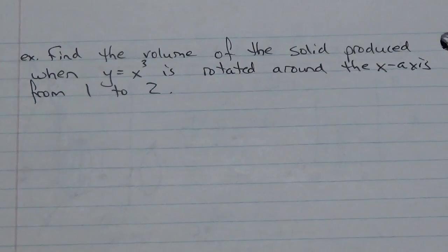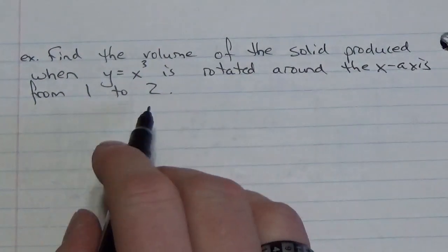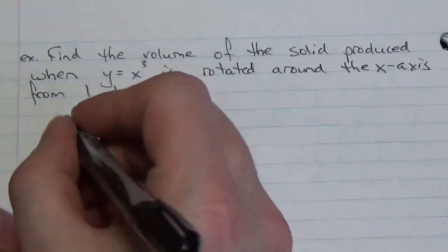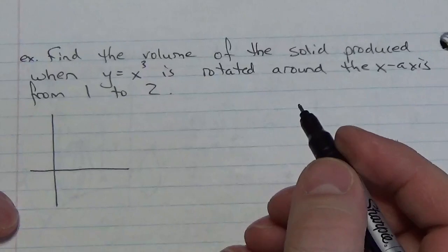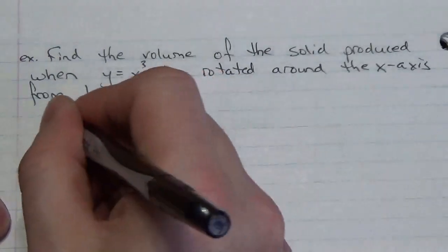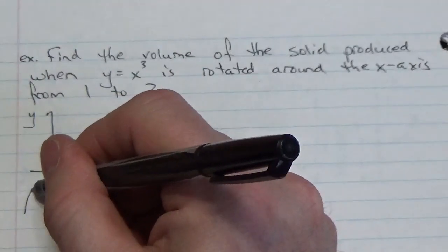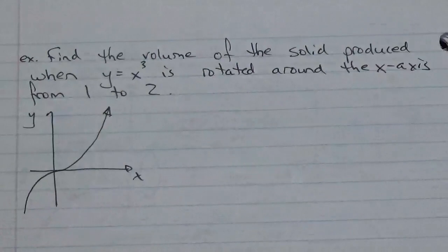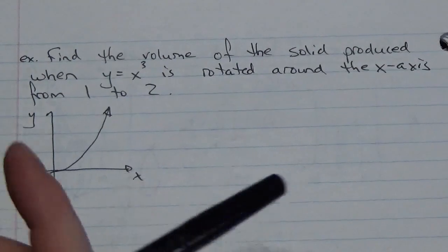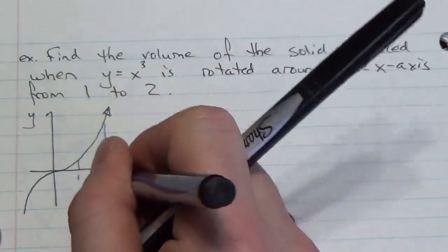Find the volume of the solid produced when y equals x cubed is rotated around the x-axis from 1 to 2. And again, it's probably helpful for us to have a look at what this is going to look like. So here's our x-axis, here's our y-axis, and we know that x cubed is going to look something like that. And then we're going to rotate that shape around from 1 to 2.